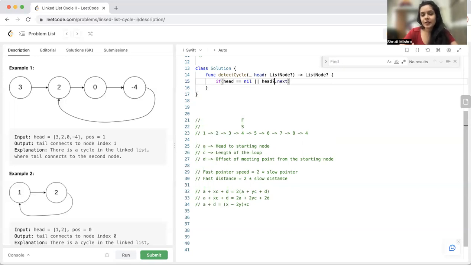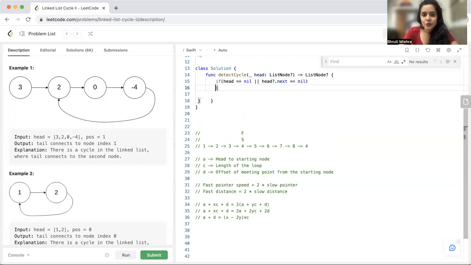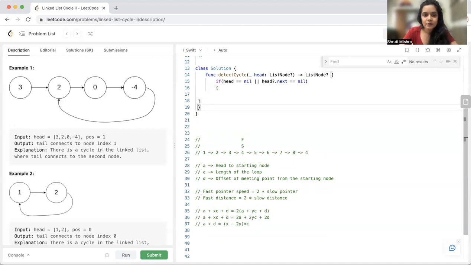Because if there's only one node in the list, then there's no cycle, right? So we just return, because if there's no cycle, then we just return null.